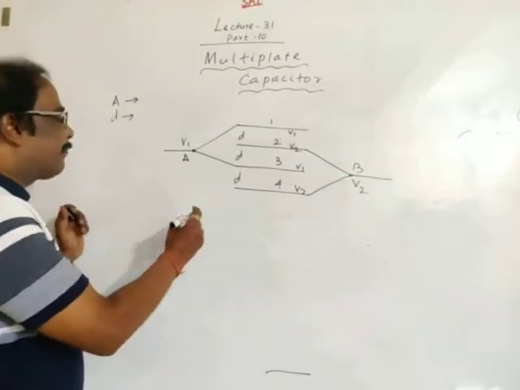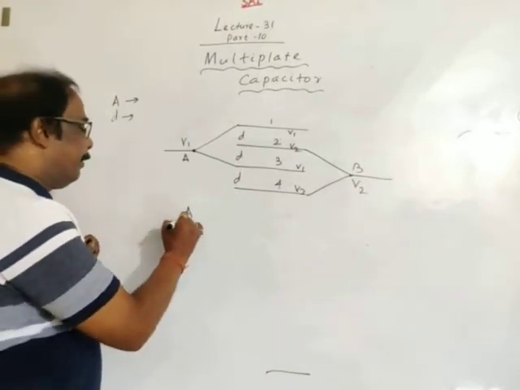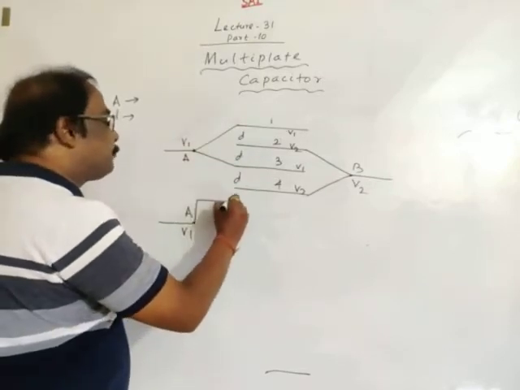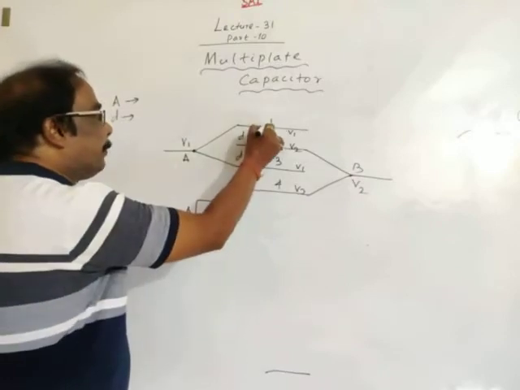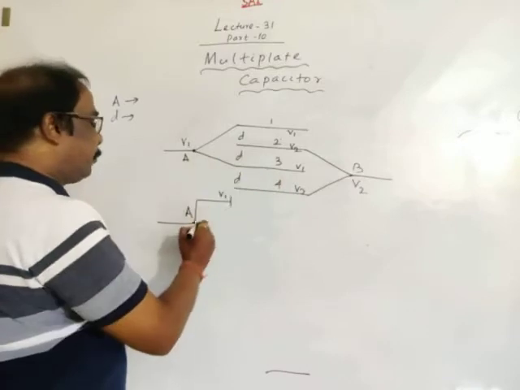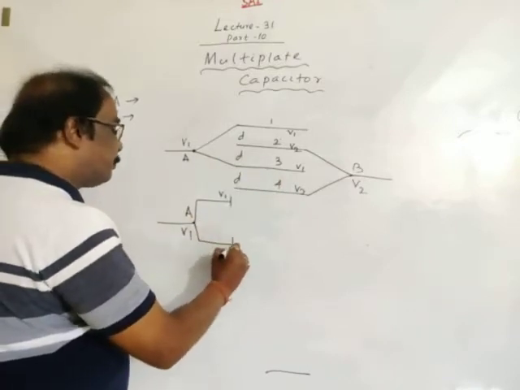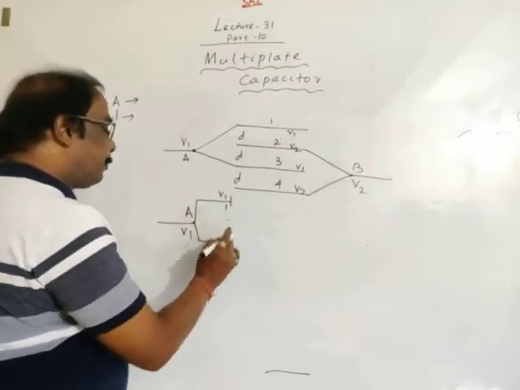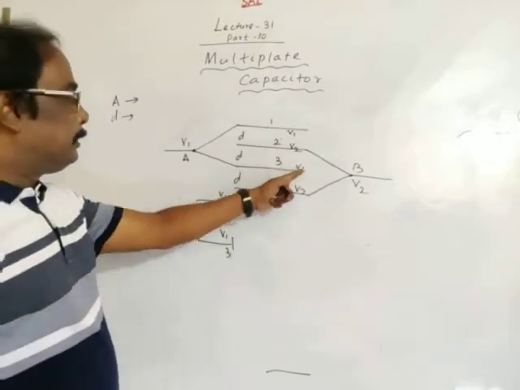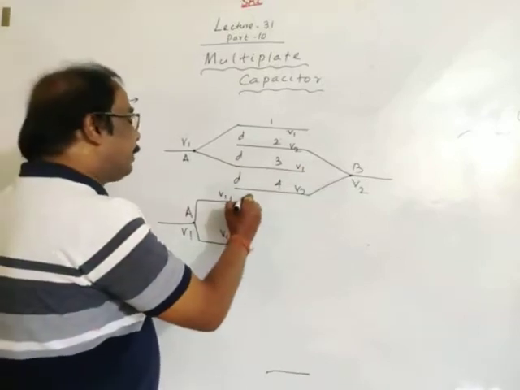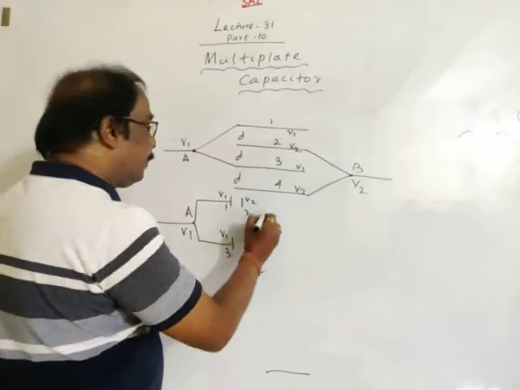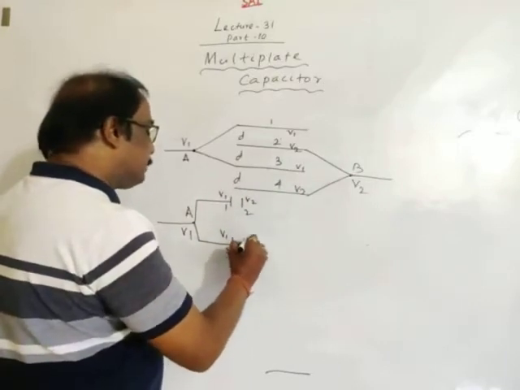Then start from A. A is at potential V1, and plate 1, the first plate, is at potential V1. The third plate is also at potential V1. Similarly, the second plate is at potential V2, and the fourth plate is at potential V2.